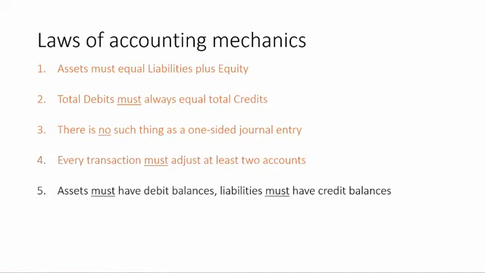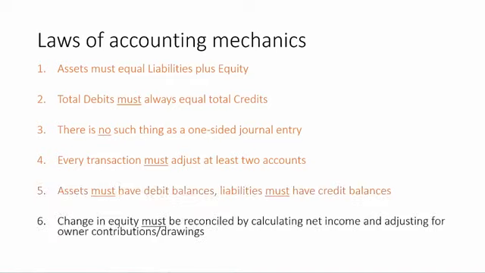Number 5, assets must have debit balances, liabilities must have credit balances. Finally, number 6, the change in equity must be reconciled by calculating net income and adjusting for owner contributions and drawings. Do you think you got it?